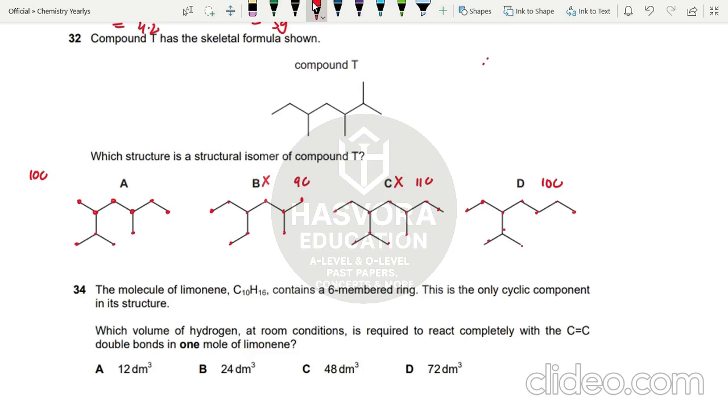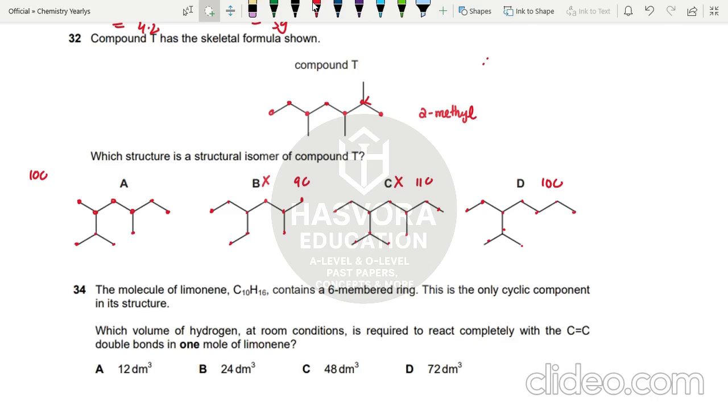This will be the second carbon here, then the third one, fourth one, fifth one, sixth one and the seventh one. So this is going to be the parent chain. Now we will name the structure. So it is 2 methyl, this is 2 methyl.